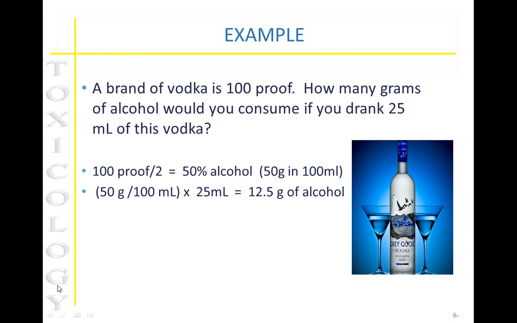You then multiply the number by the milliliters to get the total number of grams present. So 50 grams of alcohol per 100 milliliters times the 25 that was actually consumed gives you 12.5 grams of alcohol.